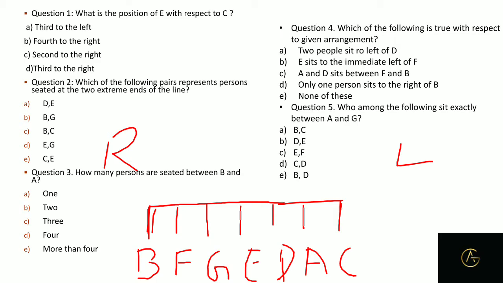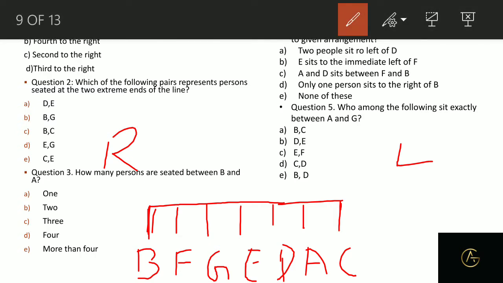Third to the left. E is third to the left of C? No. Fourth to the right of C? No. Second to the right of C? No. It's third to the right of C, right? Third to the right of C. 1, 2 and 3. E is where?